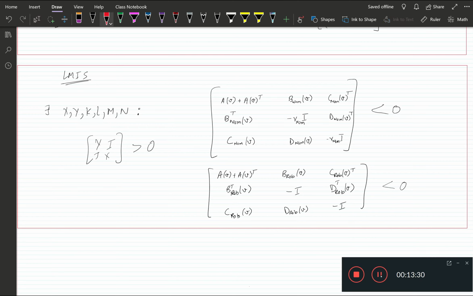If there exists X, Y, K, L, M, N, which we call V, such that this is true, so this we called X of V positive definite, such that A, so this is for the nominal performance, and note that we had a 1 here, and that's for robust stability.